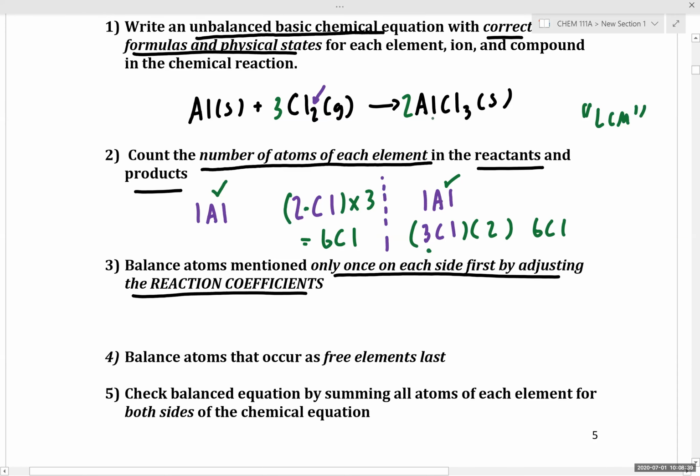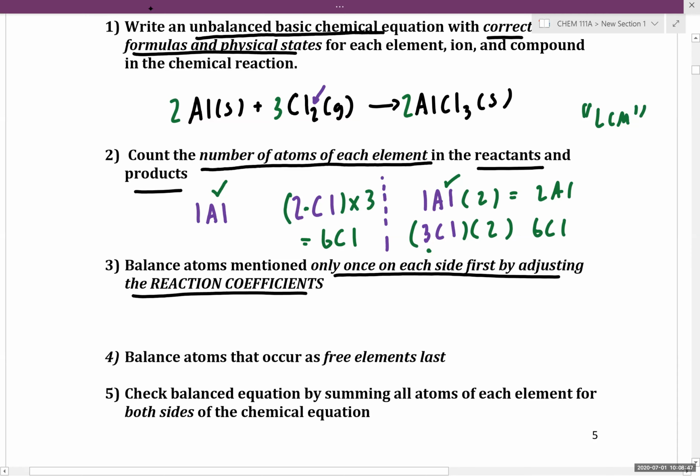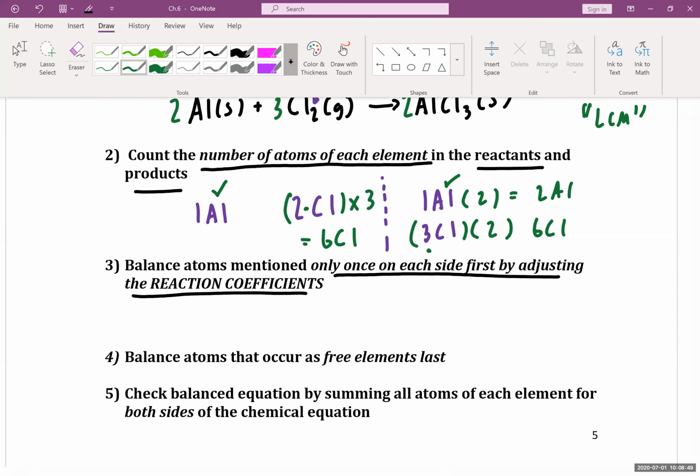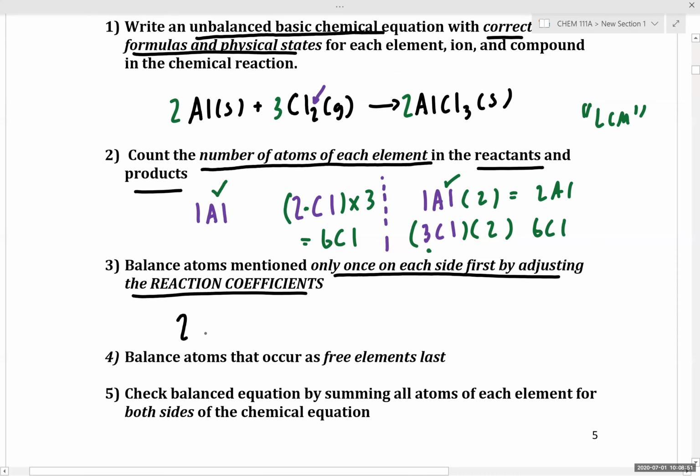And in order to finish off balancing this equation, now that we have 2 aluminum atoms on the right, we put 2 aluminum atoms on the left. We'll talk more about the mechanics behind balancing a chemical equation and counting atoms in detail. In general, you write out your chemical formulas, you count your atoms of each element, and then you adjust your coefficients.